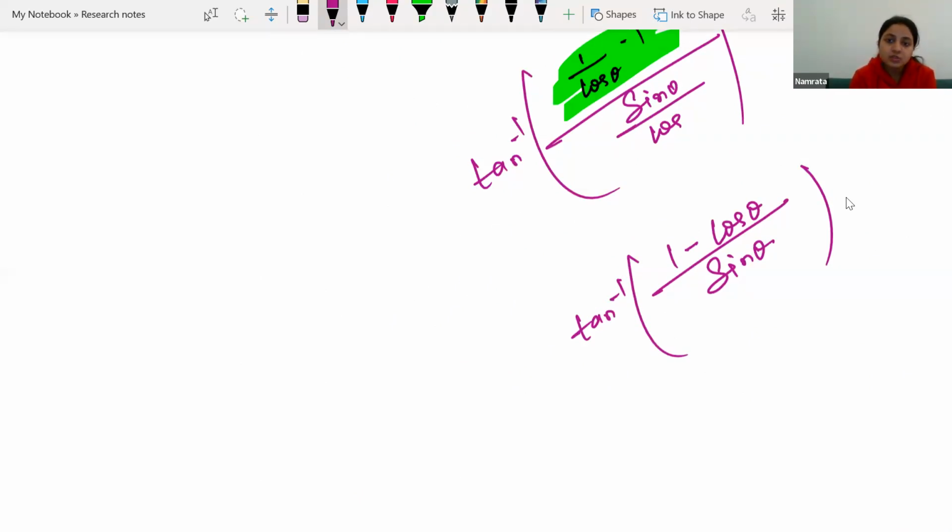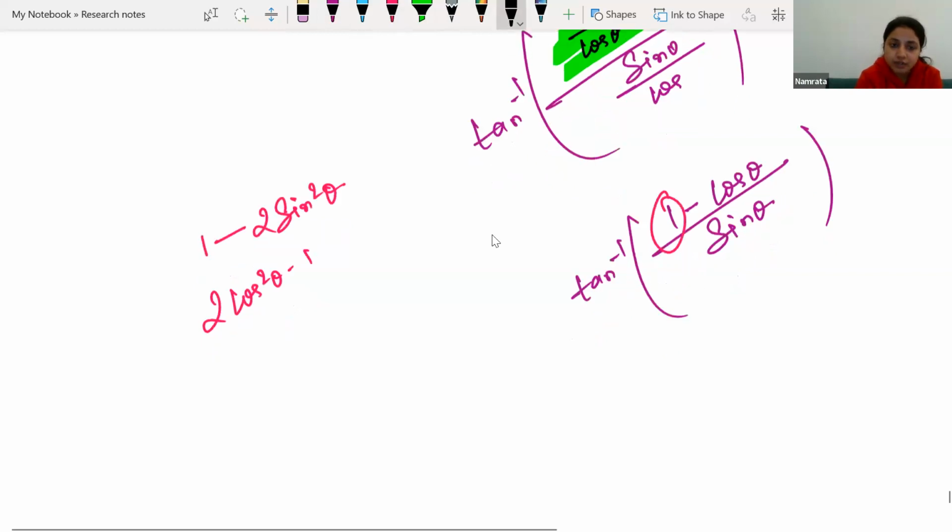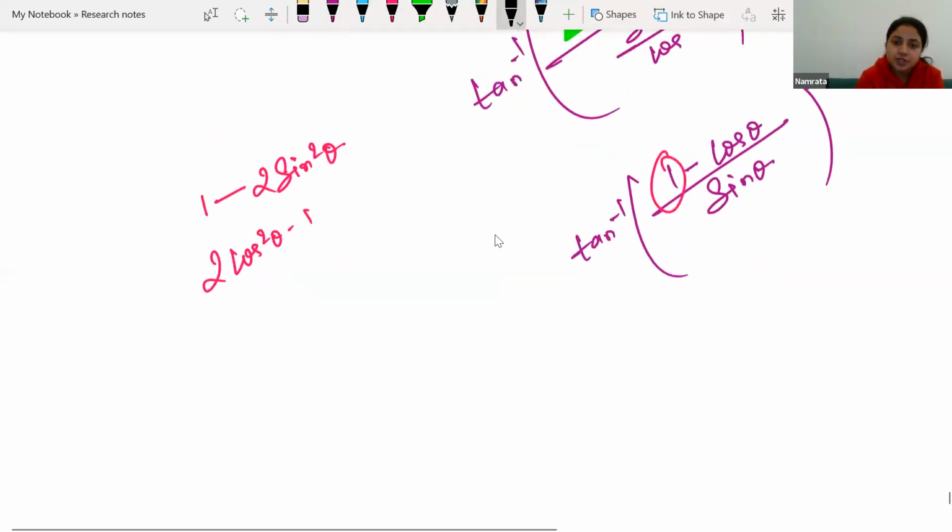From these, we'll use one so that this 1 will get cancelled. Here 1 is positive, so obviously we need a negative 1, and the first formula, 1 minus 2 sin square theta, will give us the negative 1. So let's substitute it.